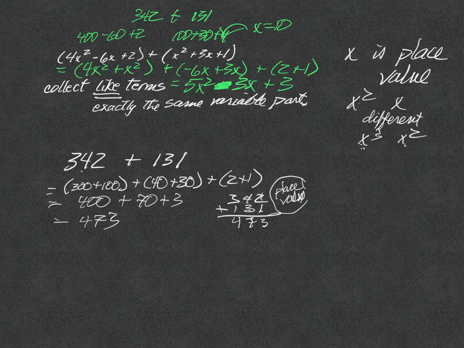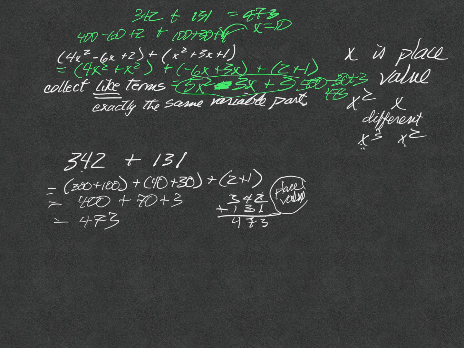And if I add 342 plus 131, I get 473. All right? If I'm letting x be 10. But down here, if I let x be 10, I get 500 minus 30 plus 3, which is also 473.